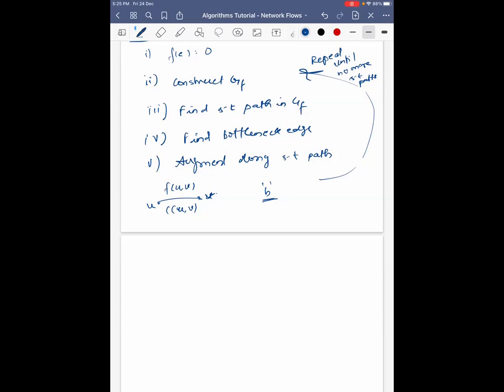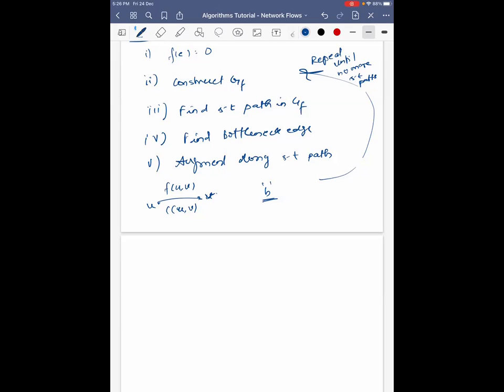So it depends. UV need not necessarily be a backward edge, no? It could either be a forward edge or a backward edge. It might so happen that the actual edge in G is from V to U. It's carrying some non-negative flow, as a result of which it has created a forward edge from U to V in the residual network.